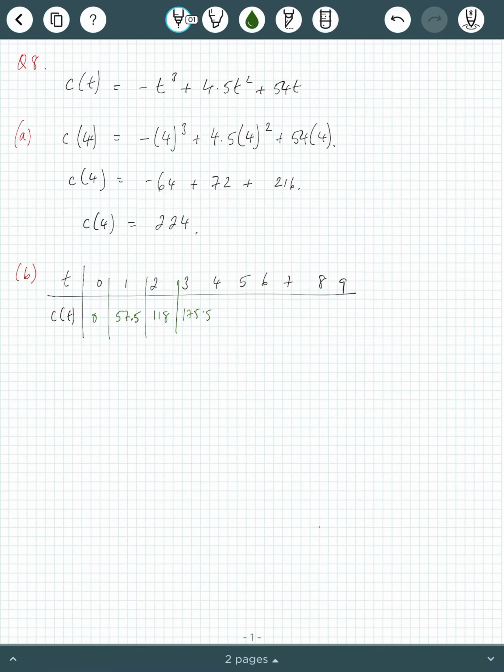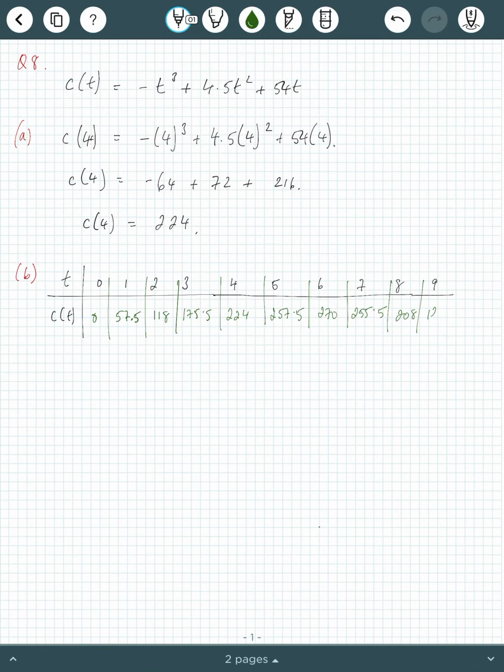I should have given myself a little bit more space, so what I'll do is stretch this out a little. So 4, 5, 6, 7, 8, and 9. 4 was 224, as we know from above. 5 was 257.5. 6 was 270. 7 is 255.5. 8 is 208.